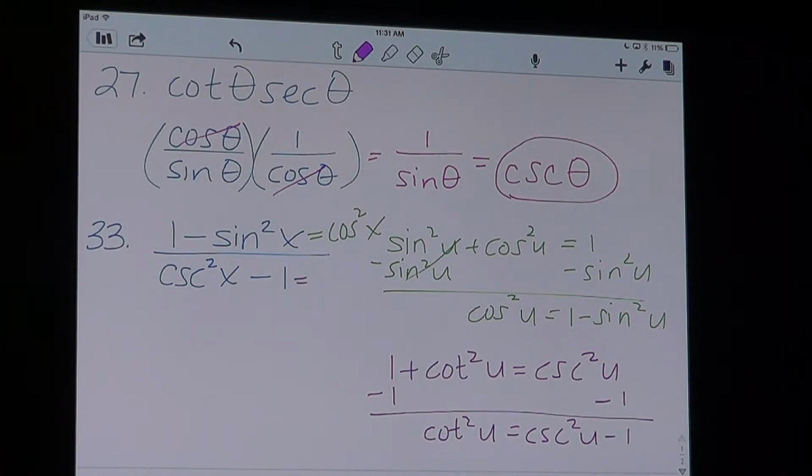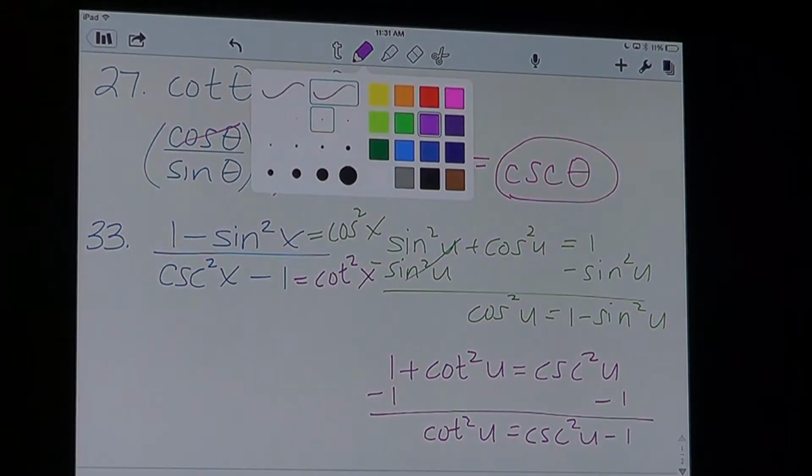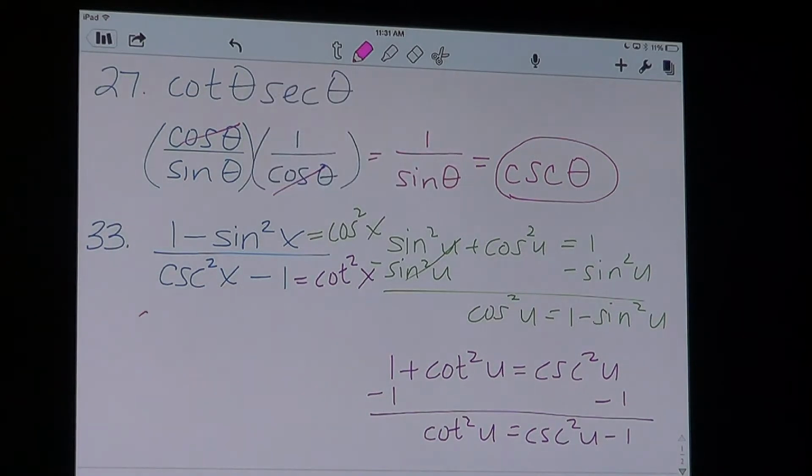So this would be the same thing as what? Cotangent squared x. So then we have cosine squared x over cotangent squared x. Do you think that's in simplest form?